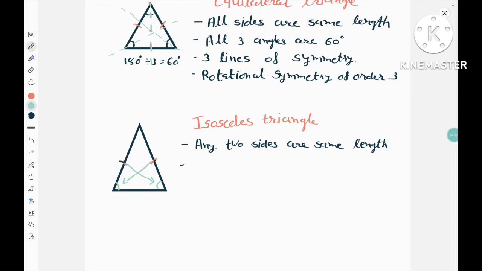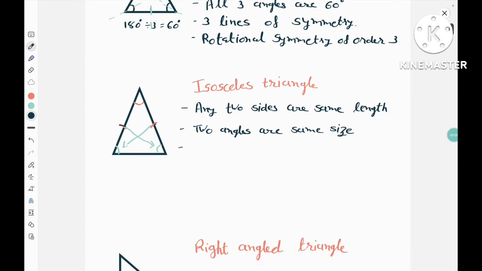Or you could say the angle formed by the two equal sides is different in size, and the rest of the two angles have the same size. Okay, so two angles are the same size.